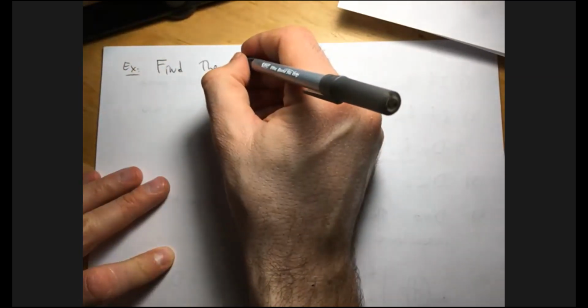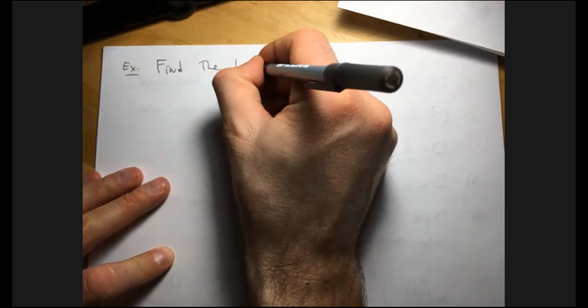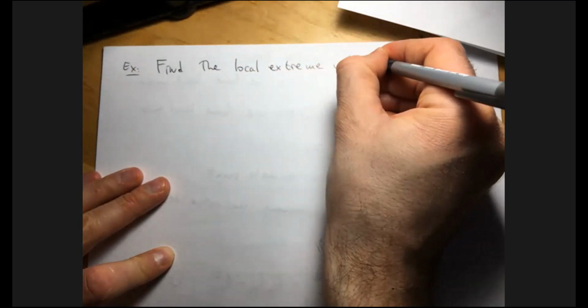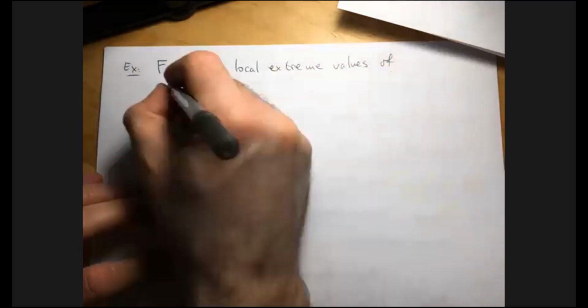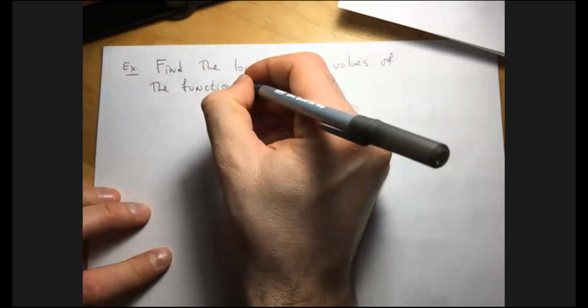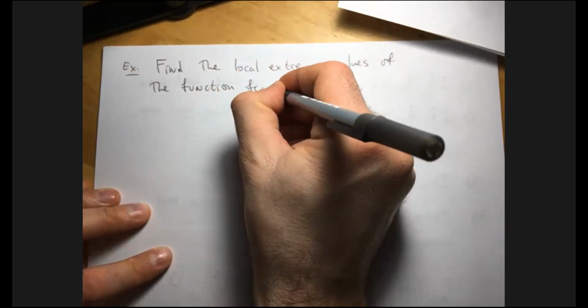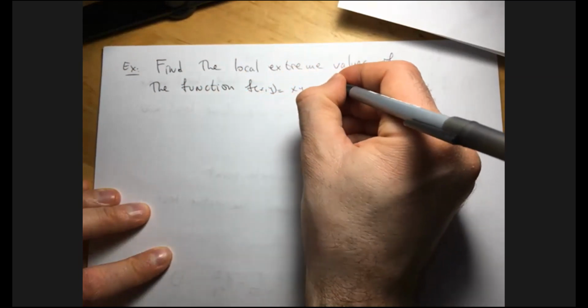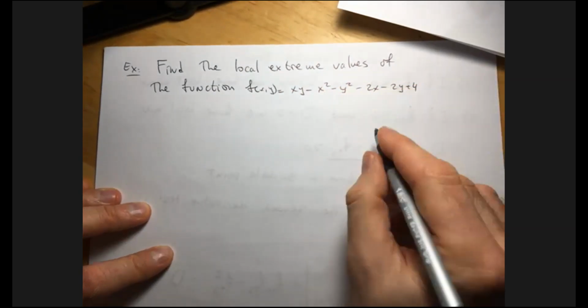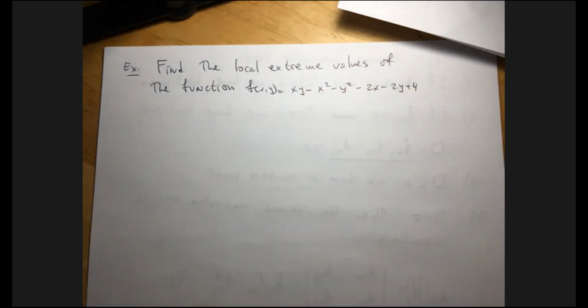Example: find the local extreme values of the function f(x, y) = xy - x^2 - y^2 - 2x - 2y + 4. And just by looking at it, this is going to be some kind of paraboloid, okay?